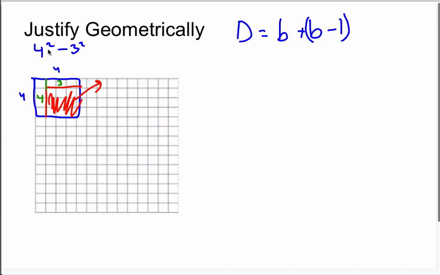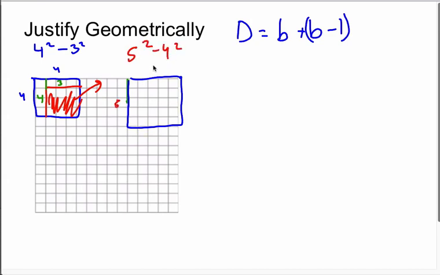Okay, so that's why when you do 4 squared minus 3 squared, it's the same as 4 plus 3, because you're going to have a 4 plus 3 left over. You can see that for other size squares, like let's say we have a 5 by 5 square. And so I'm going to do 5 squared minus 4 squared now.